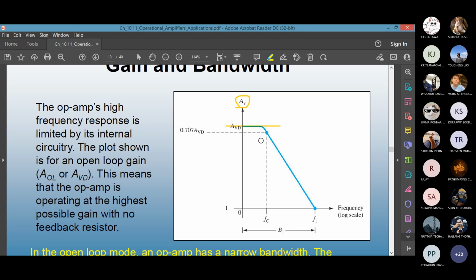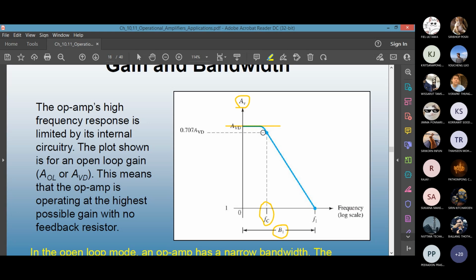As you increase the operating frequency, B1 here is the bandwidth. In this case, we are measuring from 0 to F1, so the bandwidth and the operating frequency are actually the same. FC is the center frequency. Let's say you're operating at this frequency.